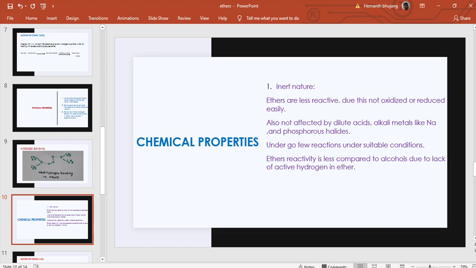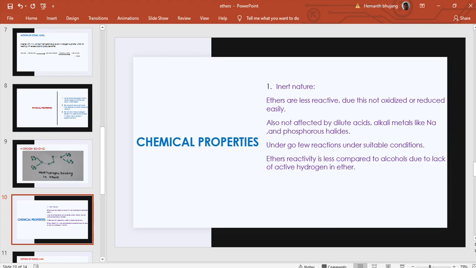What do we mean by active hydrogen? The hydrogen which we can replace with any group is known as active hydrogen. Such a condition is not observed in ethers; we can't replace that hydrogen easily with any group, whereas this is possible in alcohols.